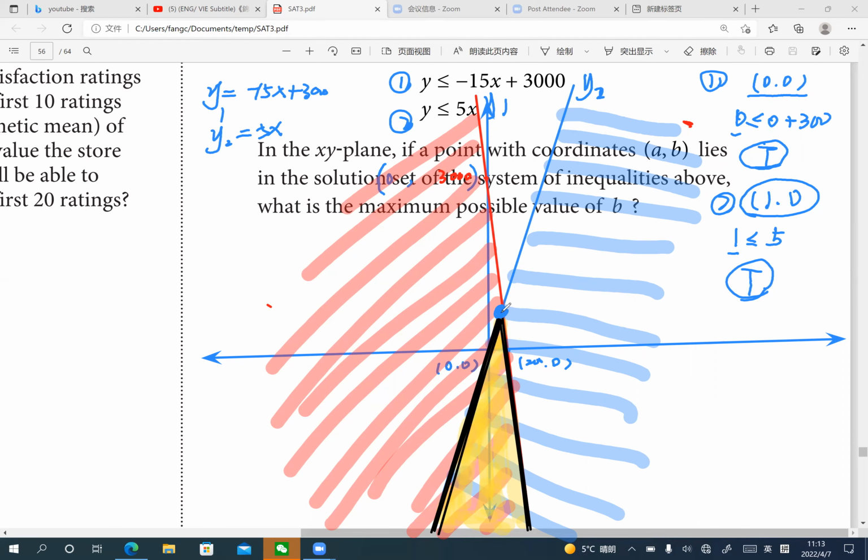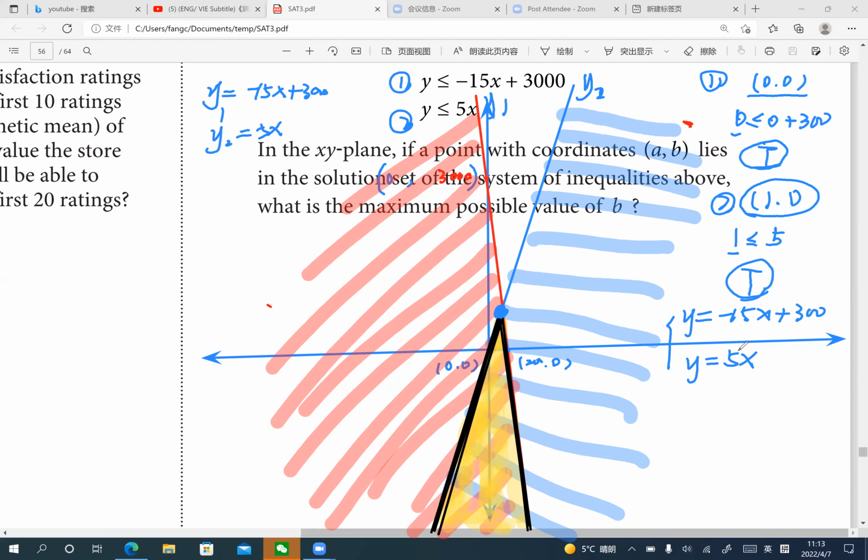So next step, we need to find the intersection of those two boundary lines. y equals negative 15x plus 300, and y equals 5x.